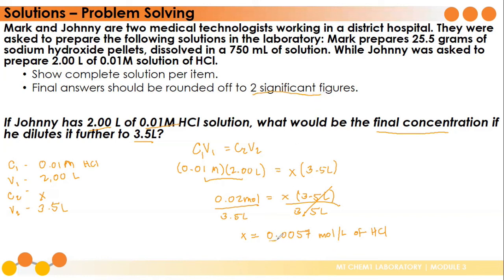Although this is already in two significant figures because leading zeros are not counted, let's try to transform it into scientific notation. If we are to transform it to scientific notation, we will move the decimal point 1, 2, 3 times to the right, which will give us the scientific notation of 5.7 times 10 raised to negative 3 moles per liter of HCl.